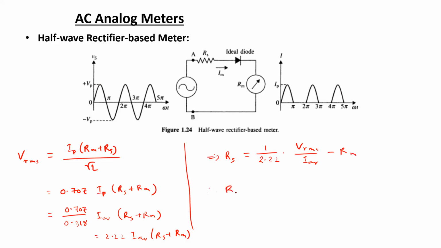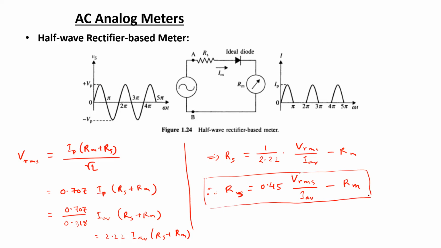So eventually, finally, we'll get the expression for Rs to be equal to 0.45 Vrms divided by the average current minus Rm. So here, using this expression of the multiplier resistor, we can try to calculate the value of multiplier resistor in order to obtain a particular range of calculation.